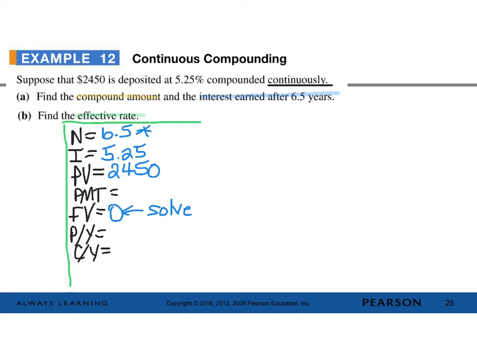When you're doing continuous compounding, your P/Y and C/Y are both determined by 365 days in 1 year times 24 hours in a day times 60 minutes in an hour.